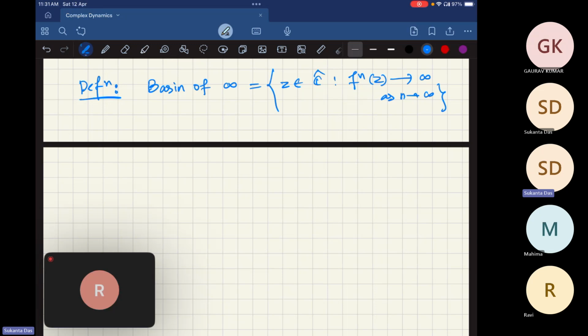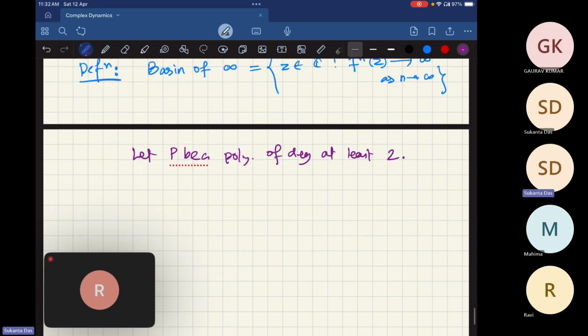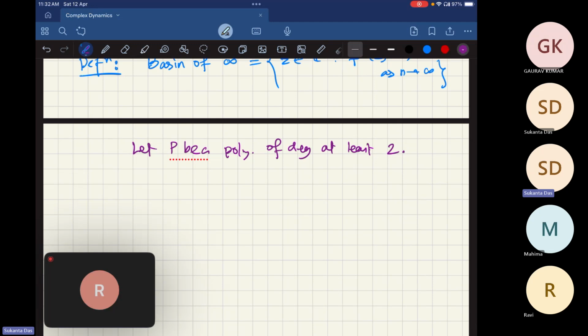Okay, so let P be a polynomial of degree at least 2, because degree 1 has already been discussed in the first talk, so we are not interested in that. So we'll be talking about degrees greater than or equal to 2.